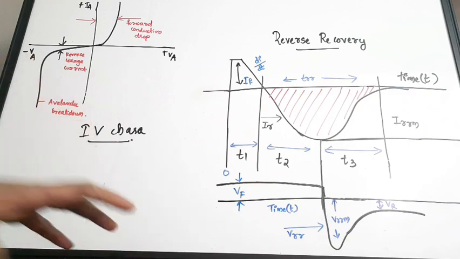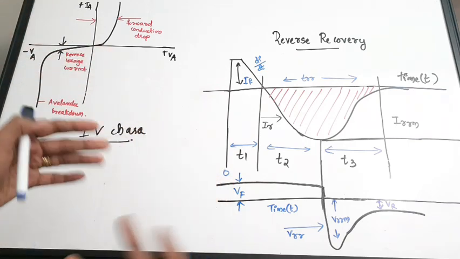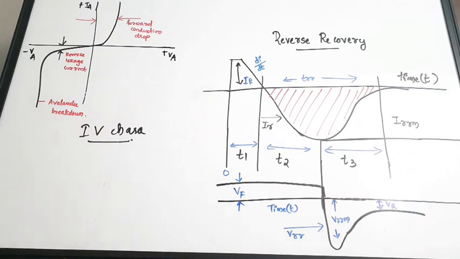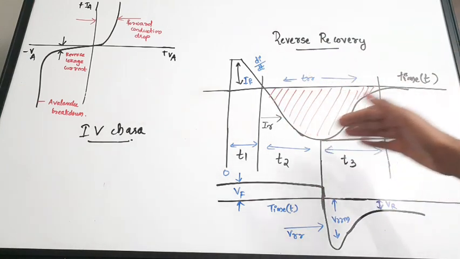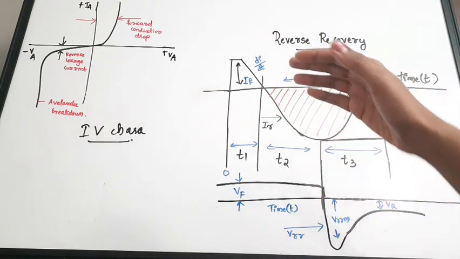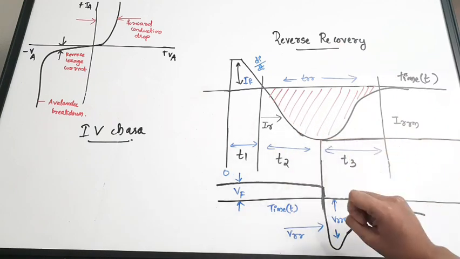So we have actually reversed the potential, or reversed the polarity of the voltage, and we are making the diode turn off. Okay, so the current will suddenly go to the negative value, or to the negative quadrant, and then it will go to the maximum negative value here.